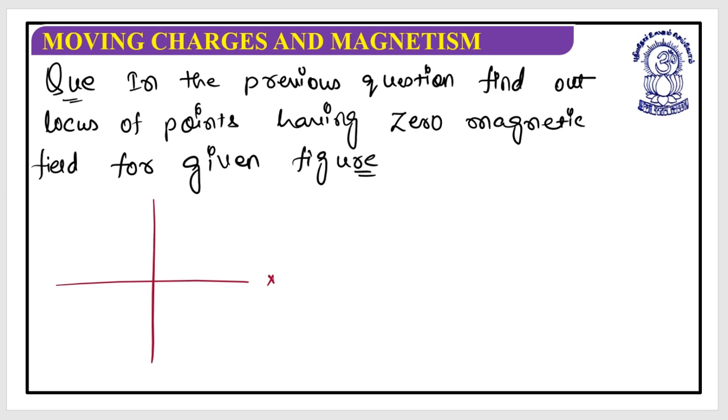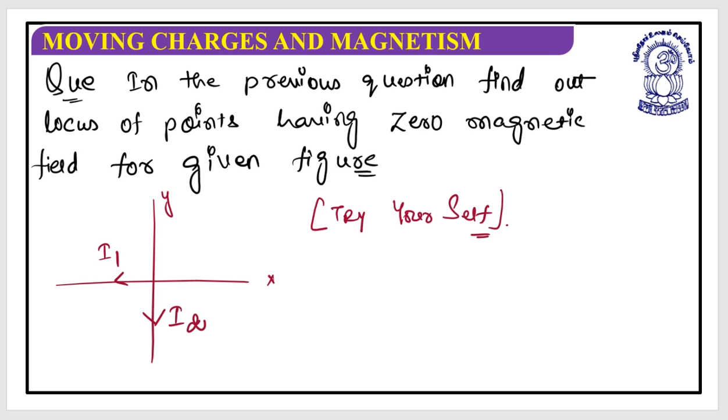This is x, this is y, and here the current is moving in this direction. This is I2, this is I1. You need to find the locus and derive a relation. Try it yourself; I am sure you will be able to do it.